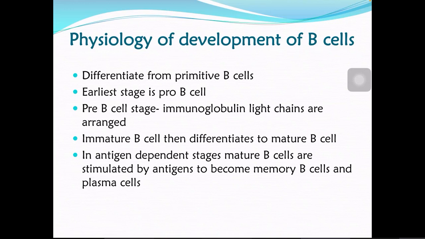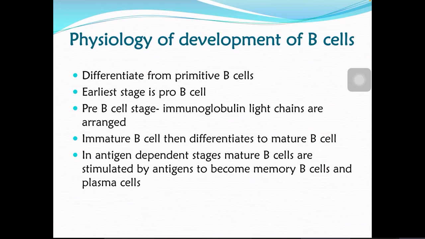And the pro-B cell will then move to what is known as a pre-B cell, and then to an immature B cell, which will eventually differentiate into a mature B cell.